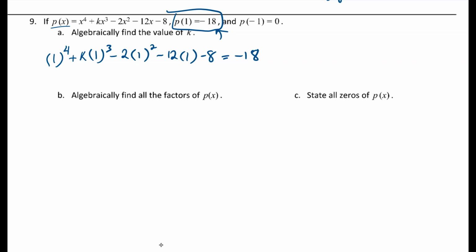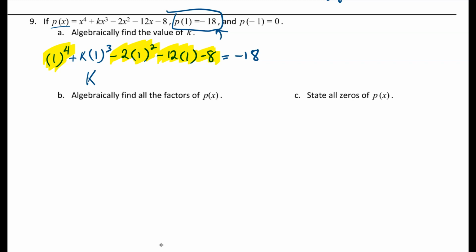So again, there are lots of places to go wrong when you're doing these calculations. So my recommendation, even with something as simple as 1, is to just take all of that good stuff and just type it into your calculator and see what it simplifies to. Because there's just a lot of room for error in these calculation problems. And when I do that, k times 1 cubed is just k.